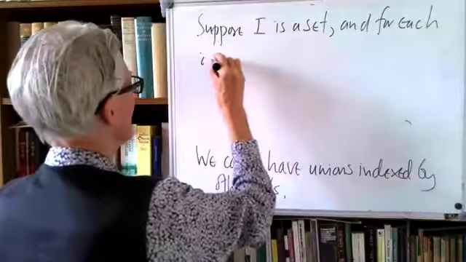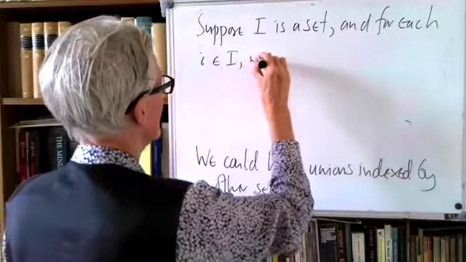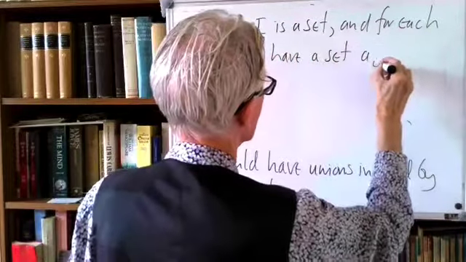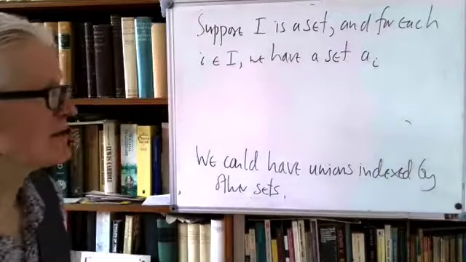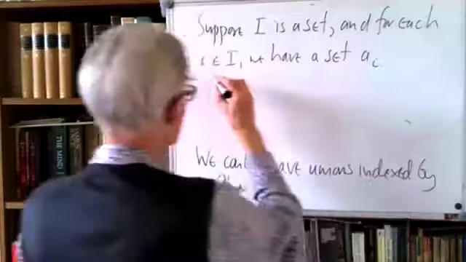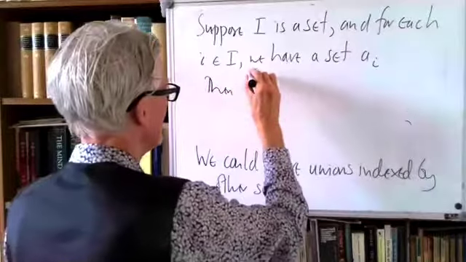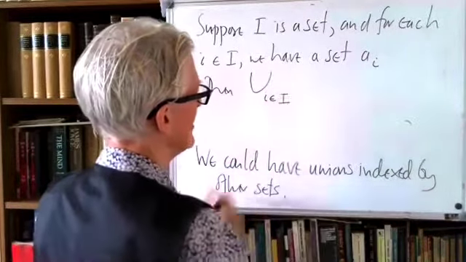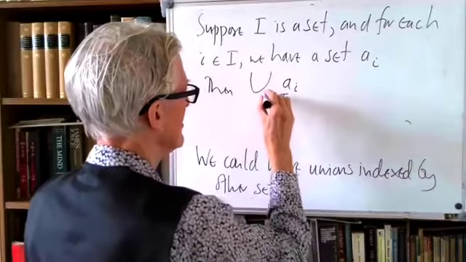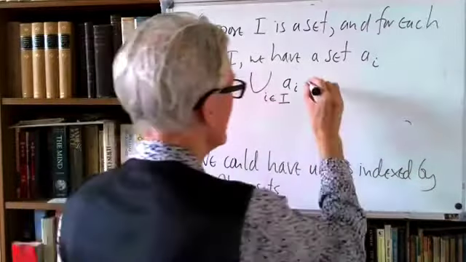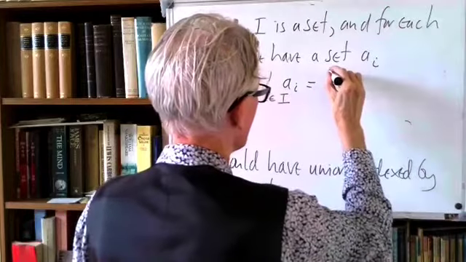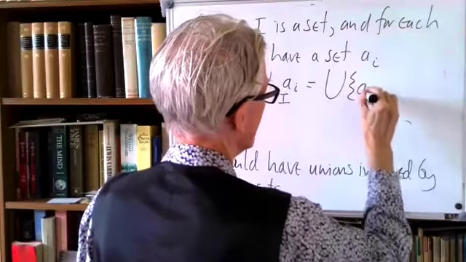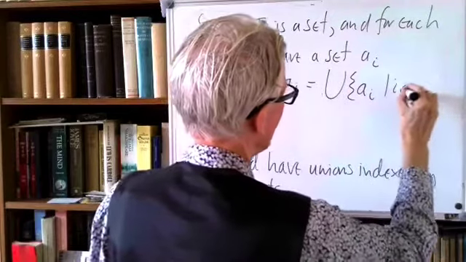So for each little i in big I, we have a set A_i, like this. Then I'll say the big union of these A_i's, indexed by this here, is the big union of a collection of A_i's for i in I.